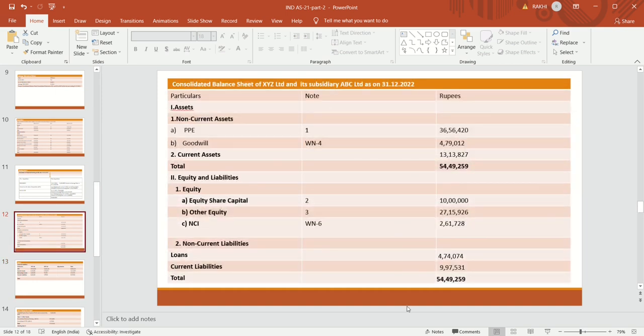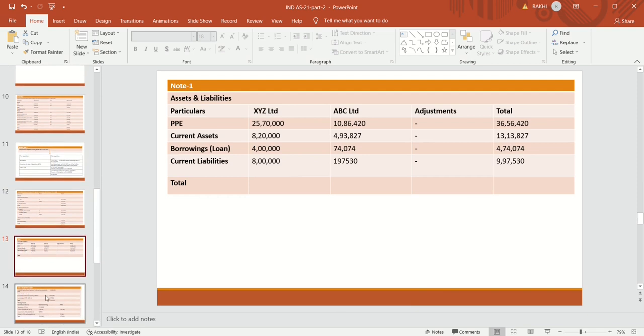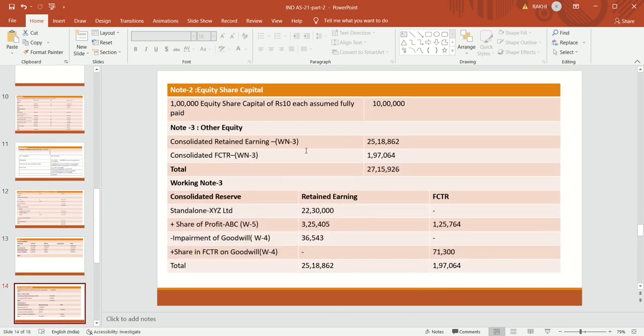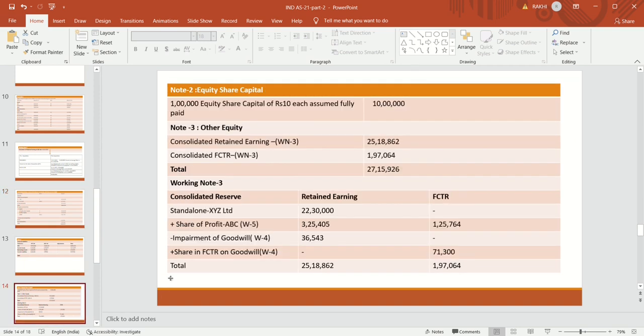Then other than this, we will check our working, that is equity share capital. Equity share capital, we will take the holding company's equity share capital, that is 10 lakhs. We will take that only, equity share capital of holding company 10 lakhs. Then we will calculate the other equity. Other equity is the consolidated retained earning.